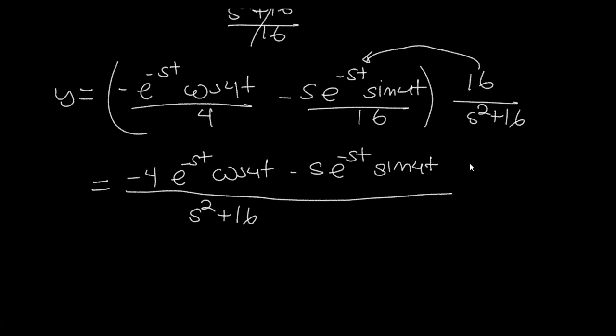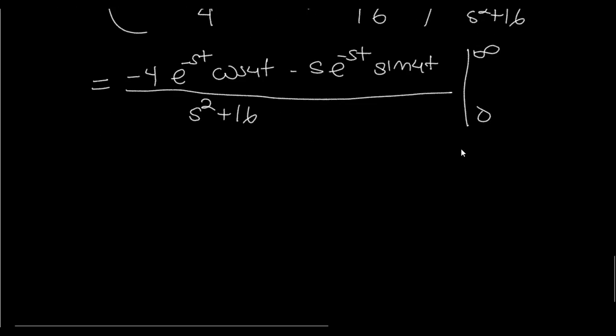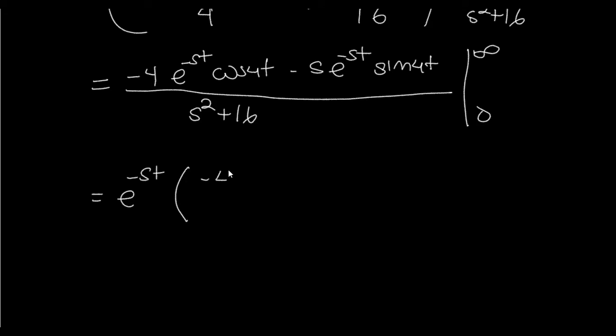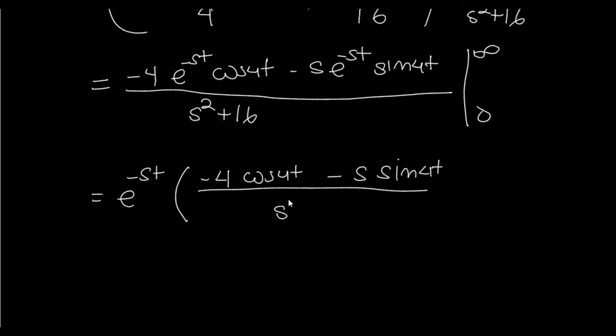So, ito yung i-evaluate natin from 0 to infinity. Okay? So, may common, yung e to the negative st. Lagyan natin ng parenthesis. Negative 4 cosine 4t minus s sine 4t over s squared plus 16 evaluated from 0 to infinity.